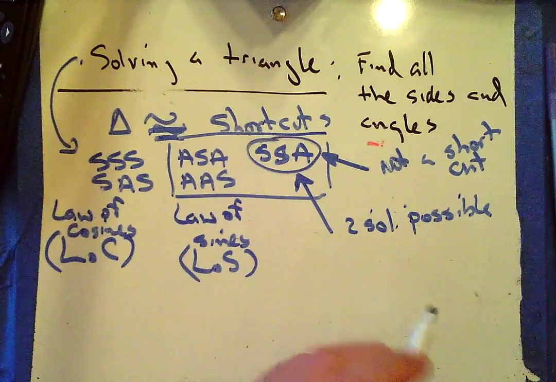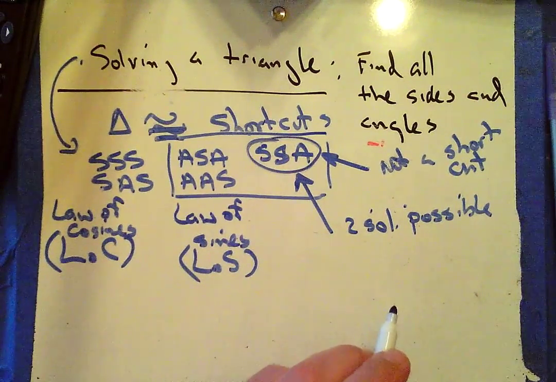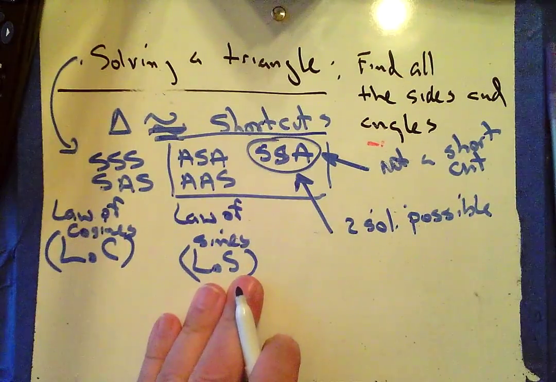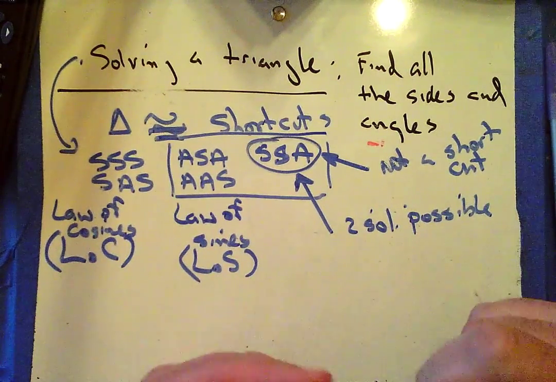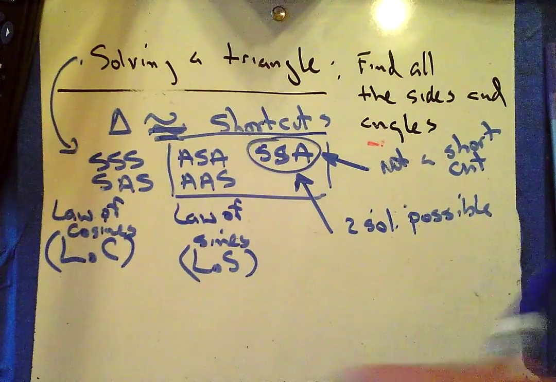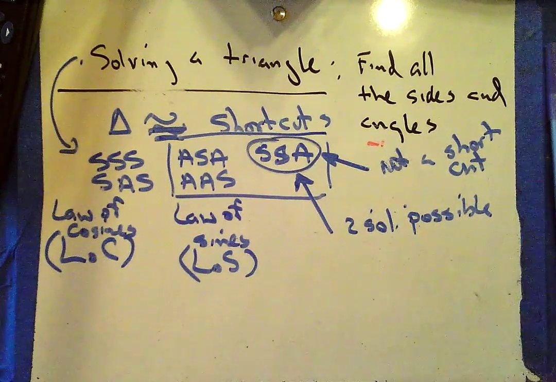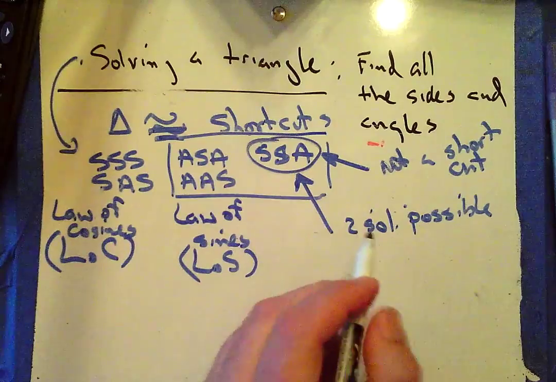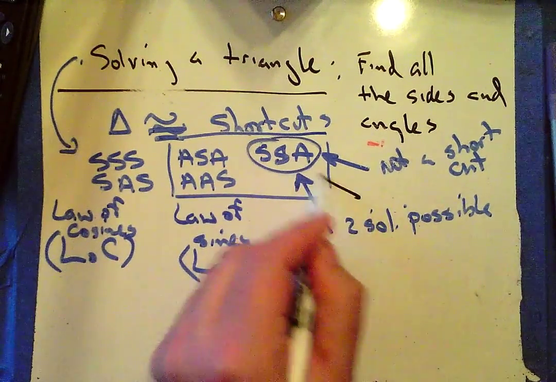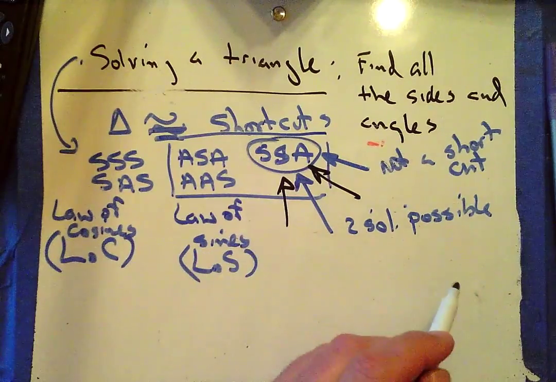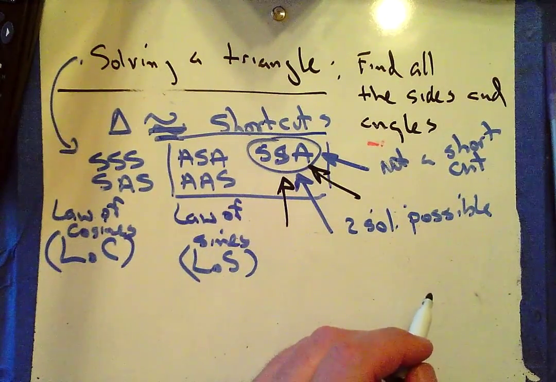When we're solving triangles, this week we'll be talking about law of sines. Next week we'll be talking about law of cosines. When we talk about solving a triangle, there are actually three types of solutions. There are two solutions, but only in the side-side-angle case.